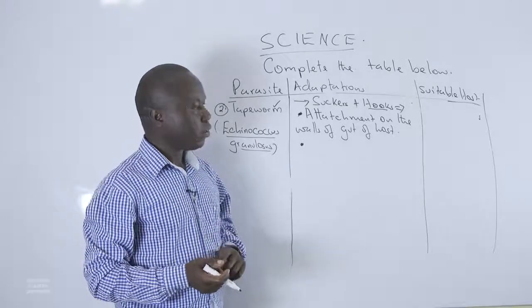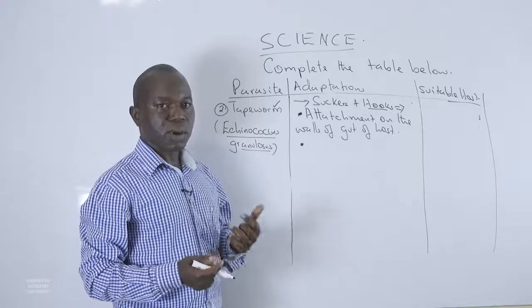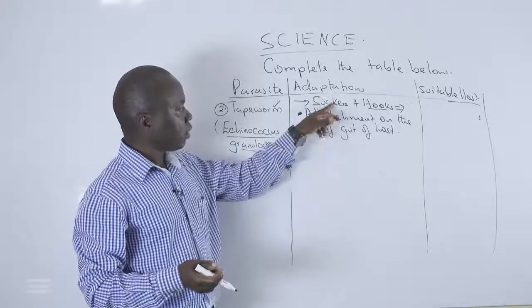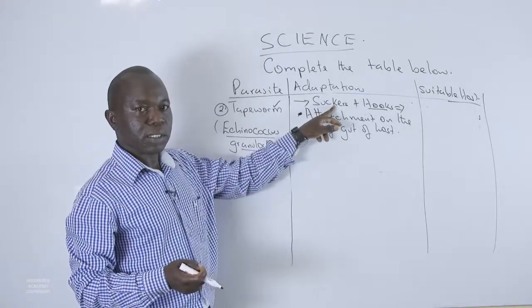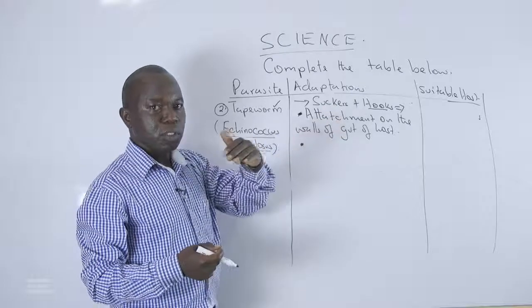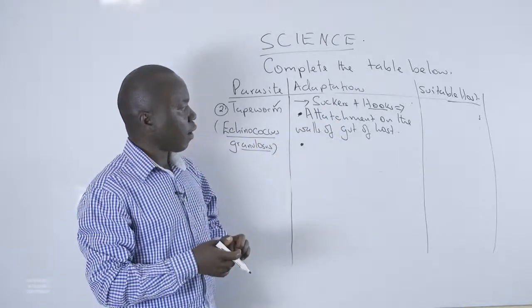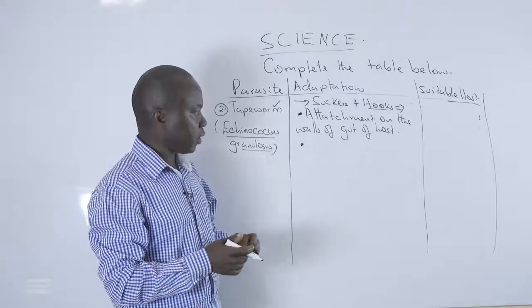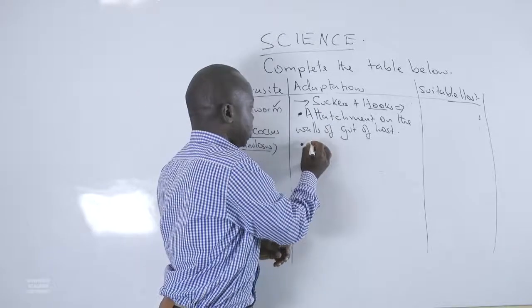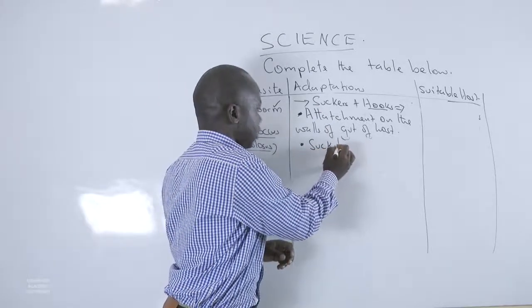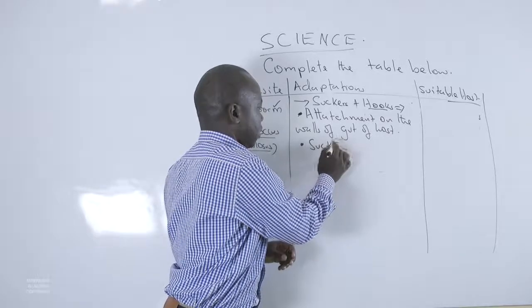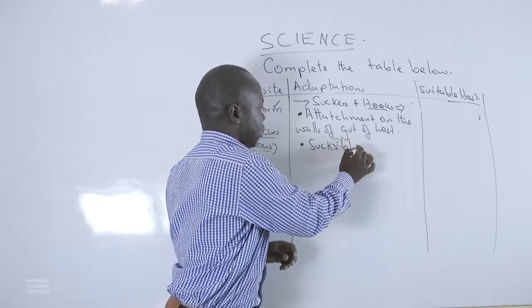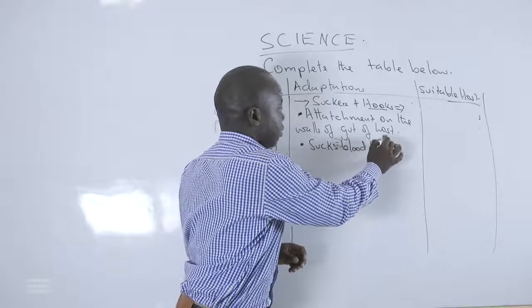There are two ways to obtain nutrients, one through sucking of blood. So the suckers come in to suck blood to obtain nutrients, and sometimes through diffusion through the body surface.